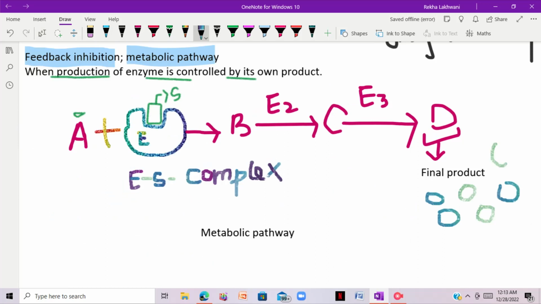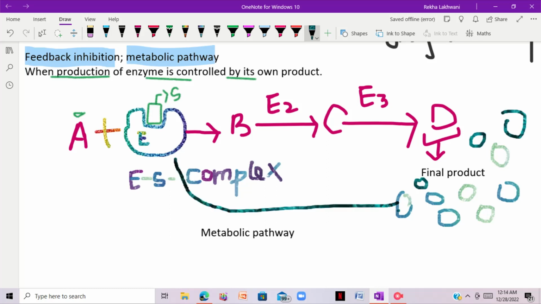Now what will happen, this final product will come to the enzyme and it will join at the allosteric site. Now, I told you that in a non-competitive inhibitor, the inhibitor joins at the allosteric site, which alters the shape of the active site.